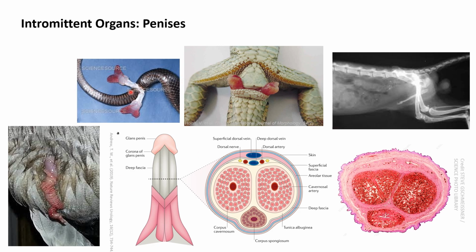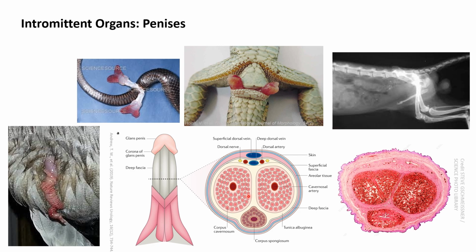Reptile penises, for example, are called hemipenes, which come in pairs. Some birds, like ducks, have a corkscrew-shaped penis that amazingly fits like lock and key in the corkscrew-shaped oviducts of female ducks. Mammalian penises have spongy tissues inside that can be filled with blood during sexual arousal.